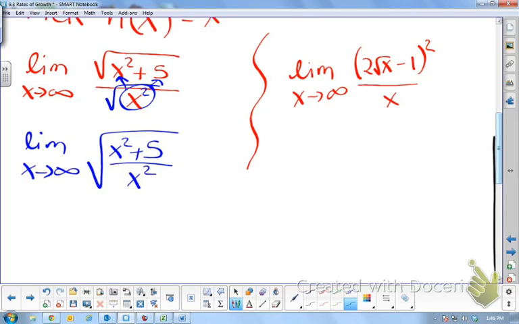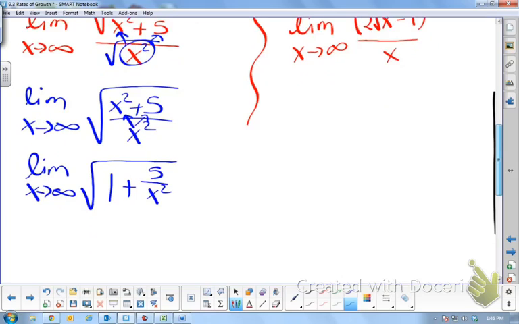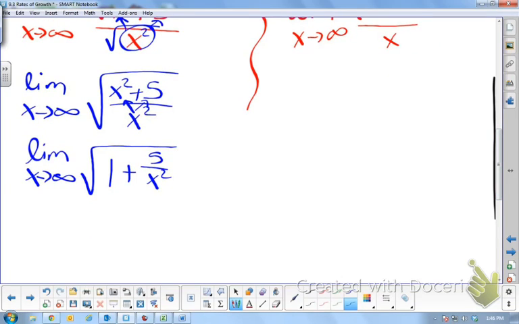So I can actually divide x squared into each of these, which gives me 1 plus 5 over x squared. And what's going to happen now when I plug in infinity? It'll be 0. 5 over infinity squared will become 0. So we'd have 1 plus 5 over infinity squared. That goes to 0, so we really get 1.